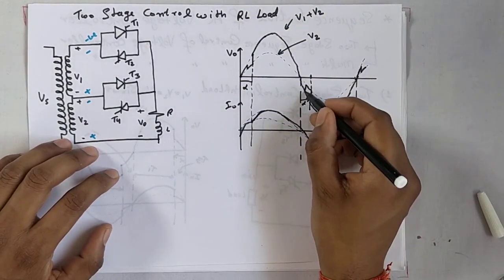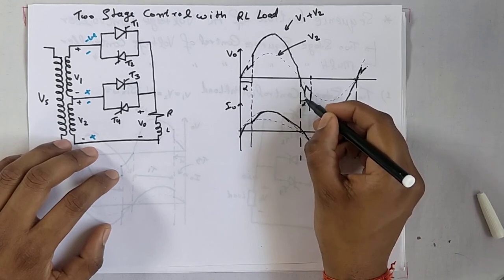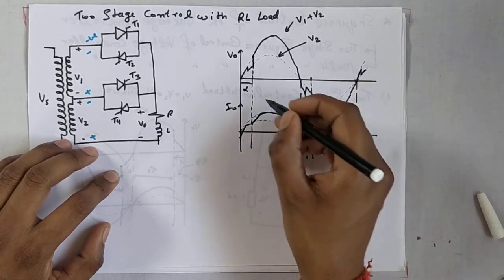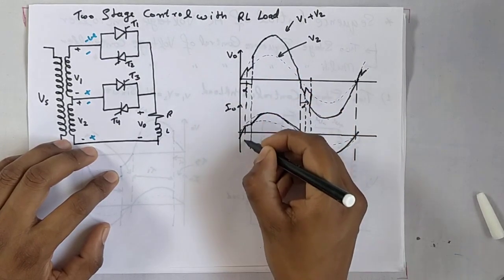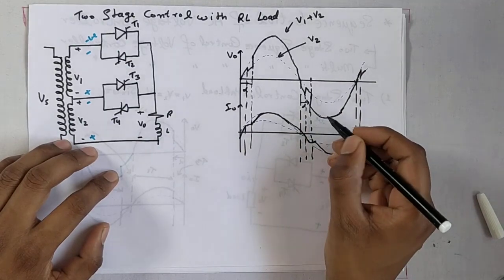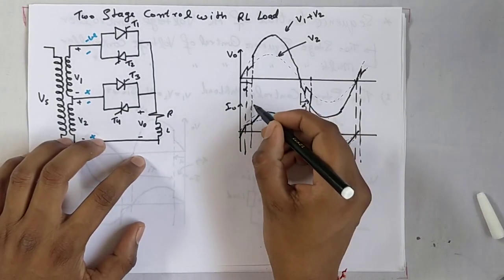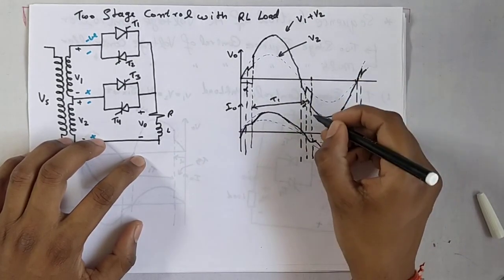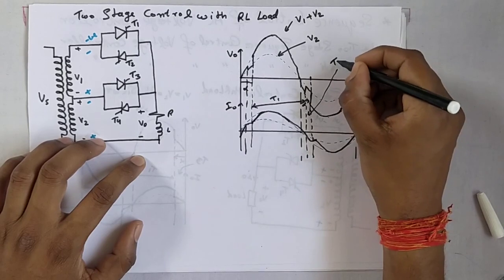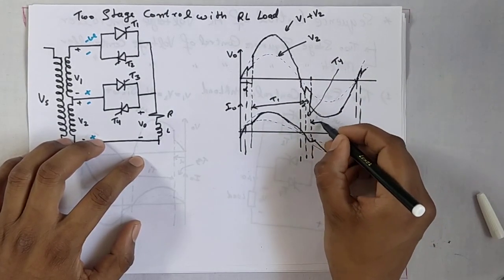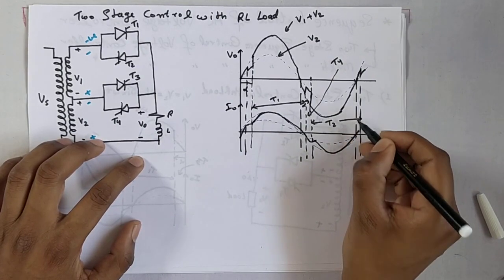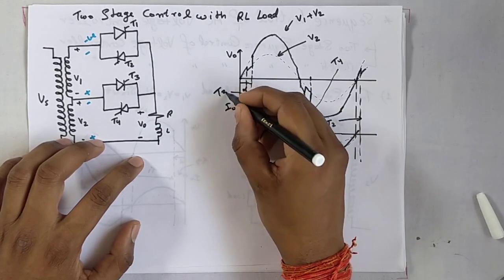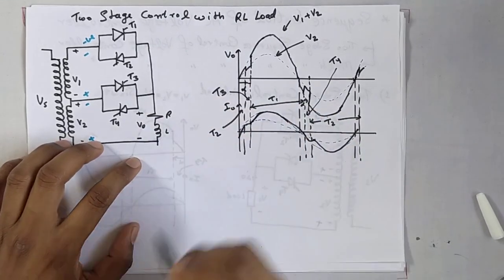So in this waveform, T1 is on from here to here, and in this portion only T4 is on, and T2 will be on from here to here, and in this portion T3 is on, and this one is covered by T2.